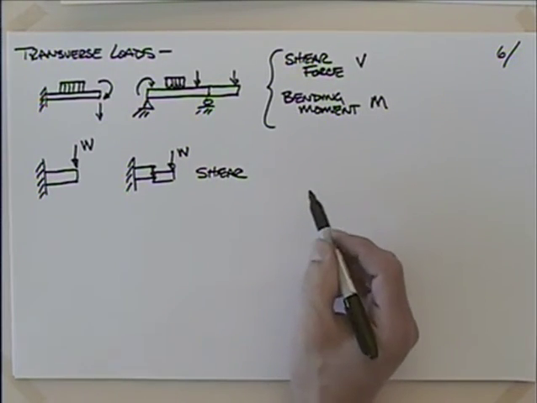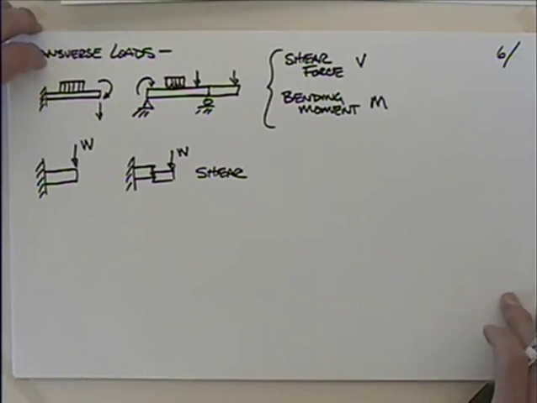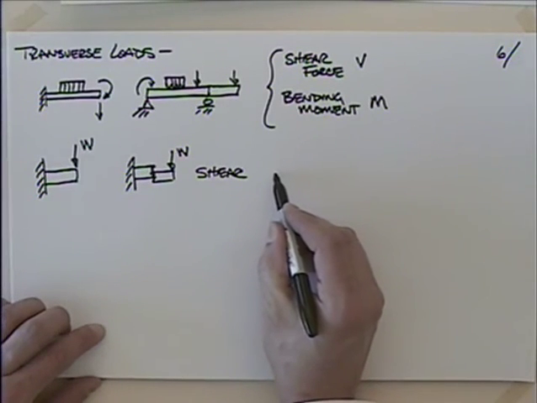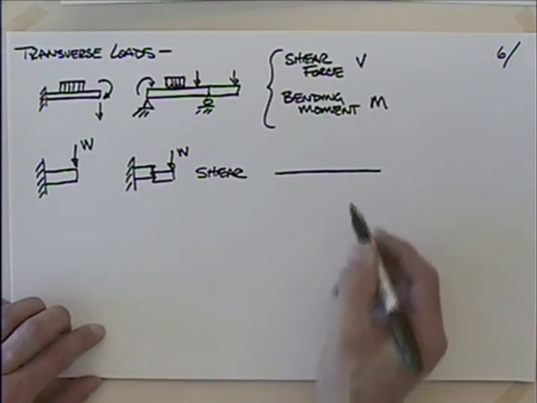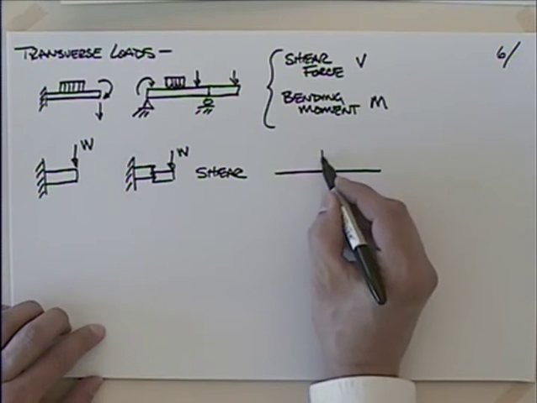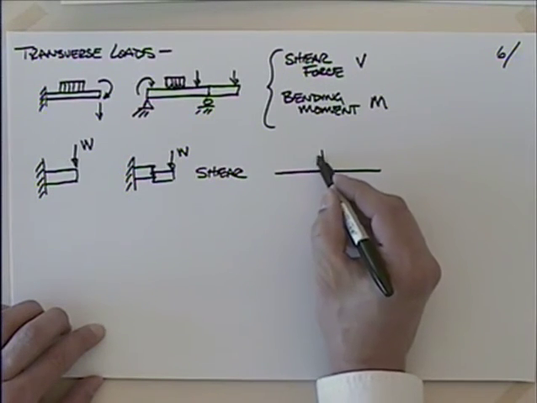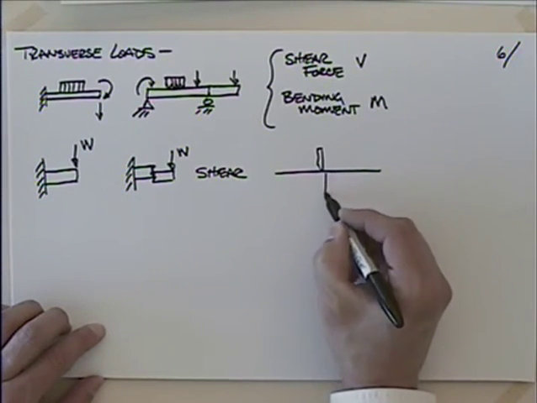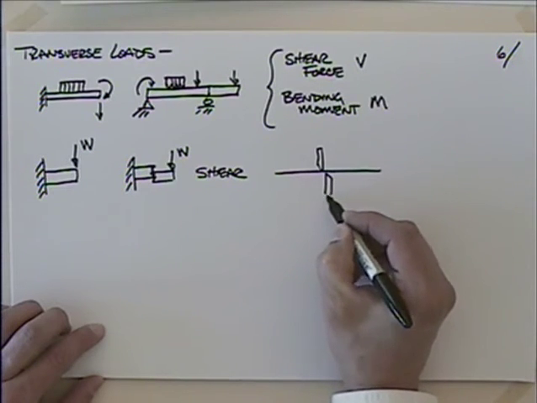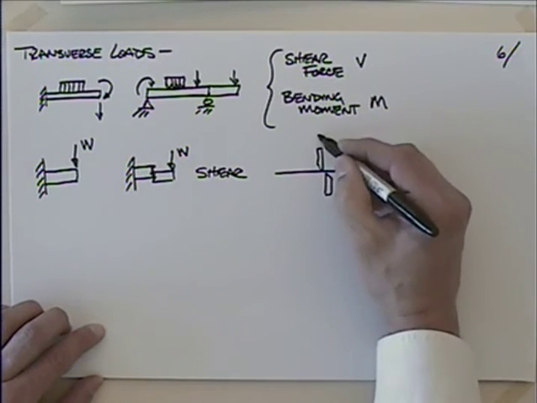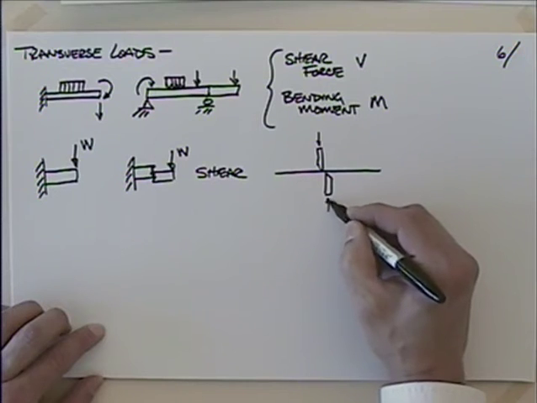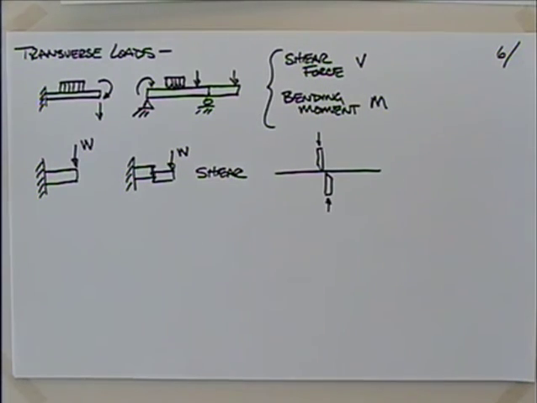If you want to think about this and maybe something that you've done before, if you take a piece of paper and you want to cut it, you can take some scissors. And what's another name for scissors? Yeah, you could call them shears. As you push these through, it actually shears through the paper, doesn't it?